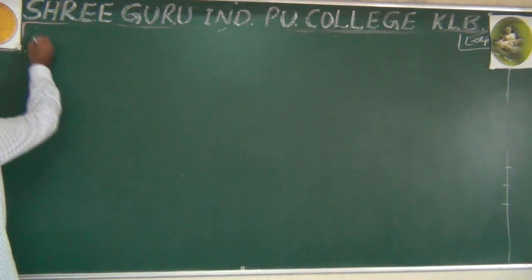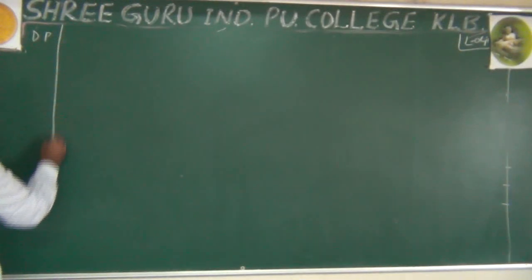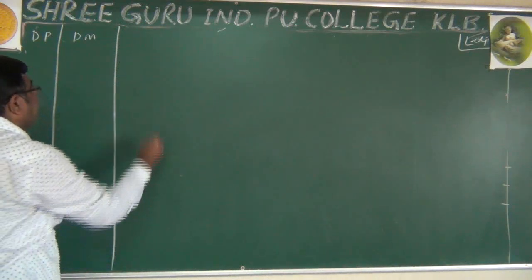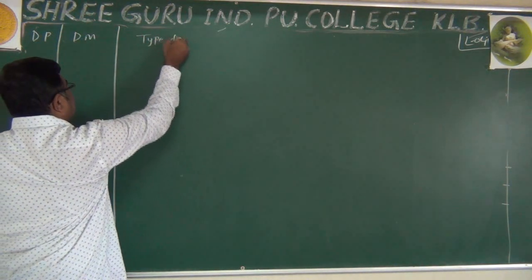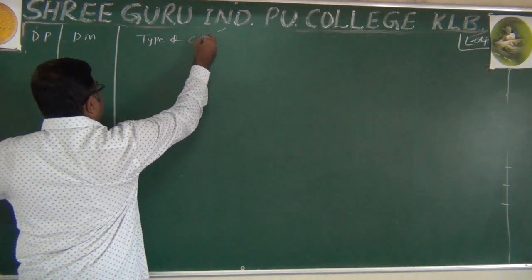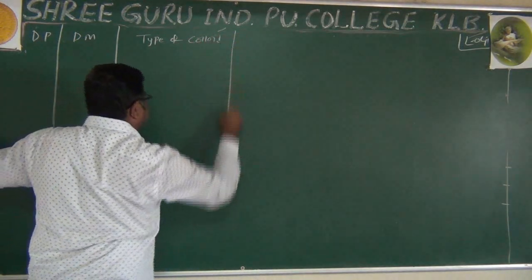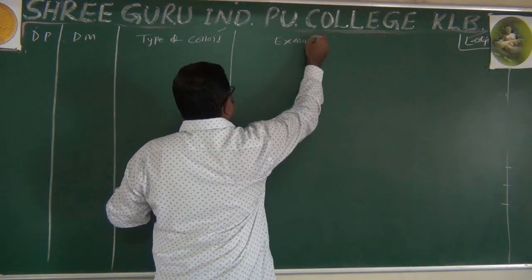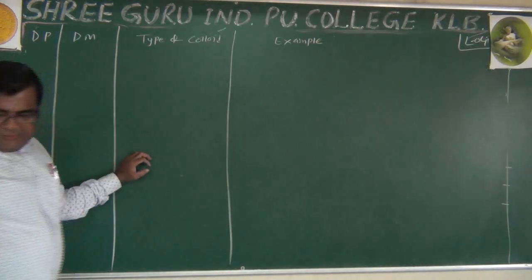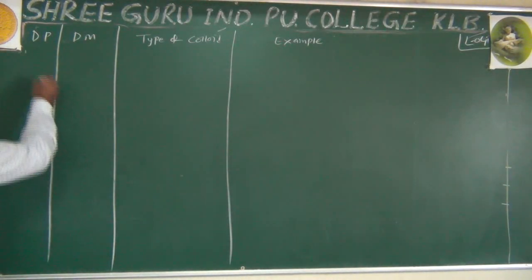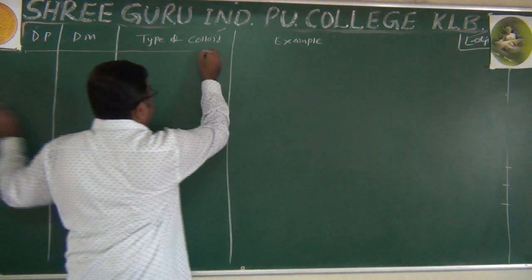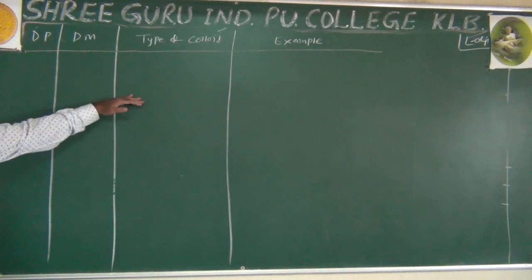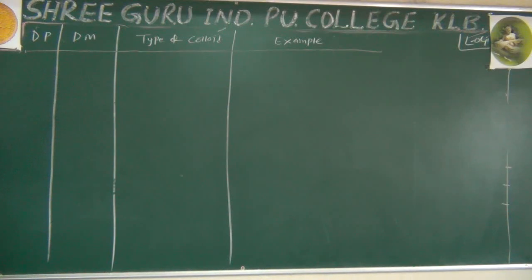So this is dispersed phase, this is dispersion medium, third is type of colloid, and last one is example. We have to make more columns, more space for example. There are 8 types of colloid based on physical states of dP and dm.